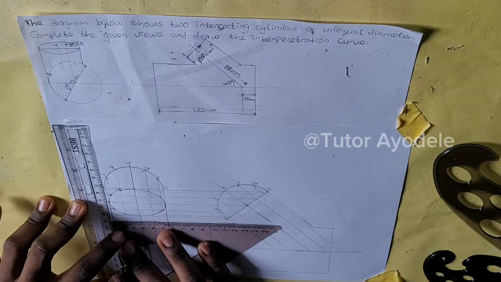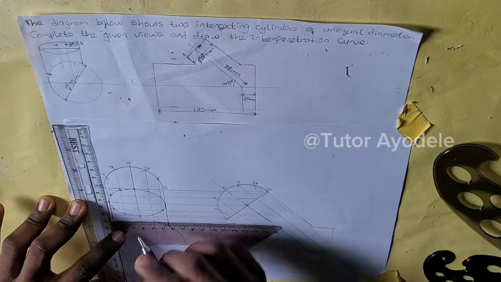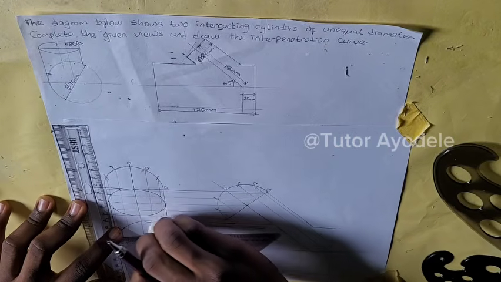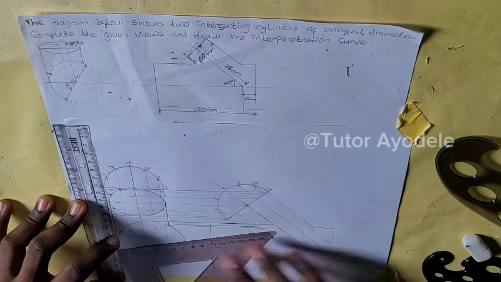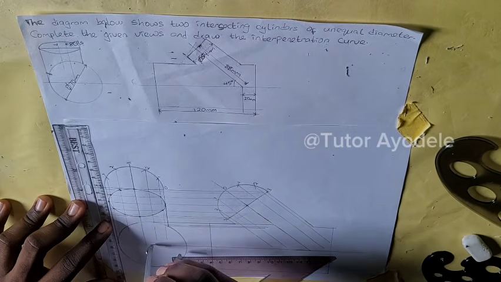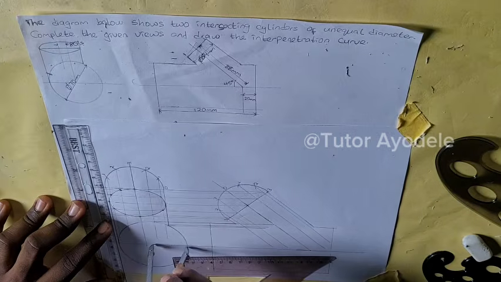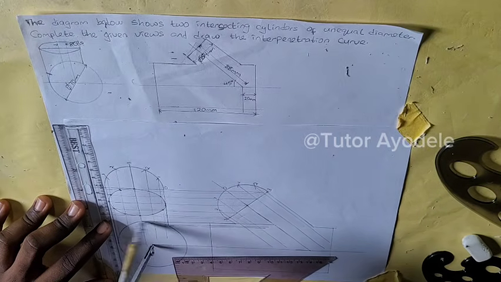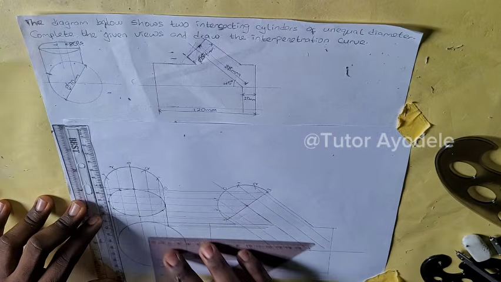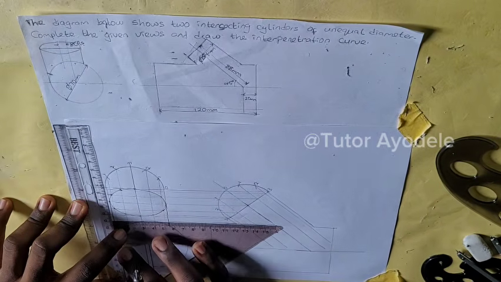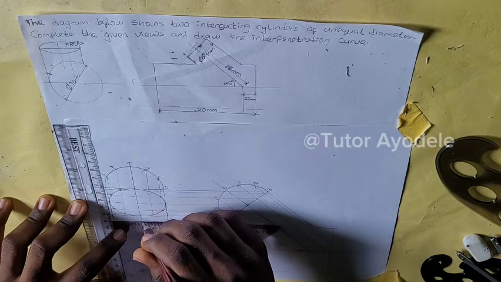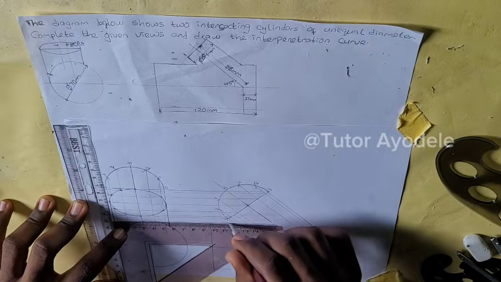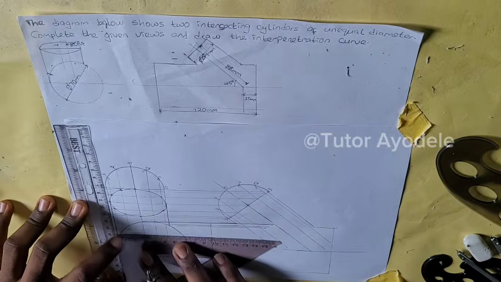Point three, I'll take it there. Point three, when I touch the circle, I'll draw a line inside.